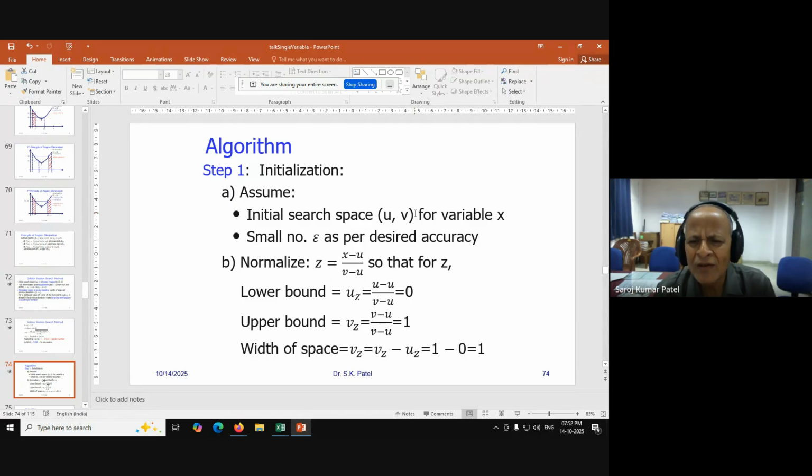To do that, we use this expression: z is equal to x minus u divided by v minus u. Can you see it here? The lower bound for z, uz, will be 0 when x is equal to u, and when x is equal to v, vz will be 1. So u to v for x is now mapped to 0 to 1 for z. Thus the width of the space for z will be vz minus uz, that is 1 minus 0, equal to 1.